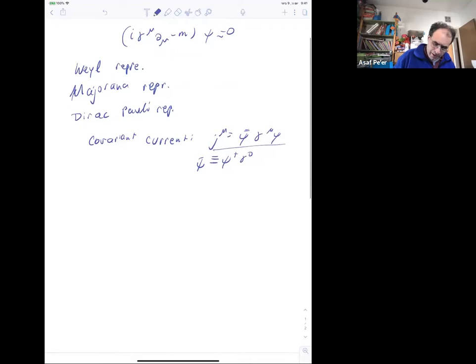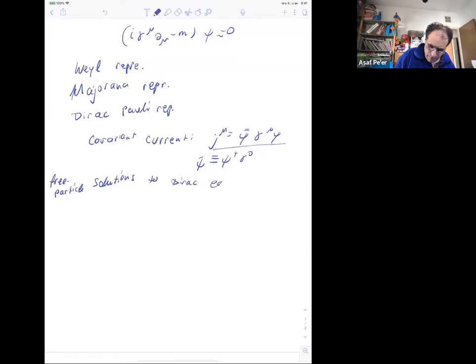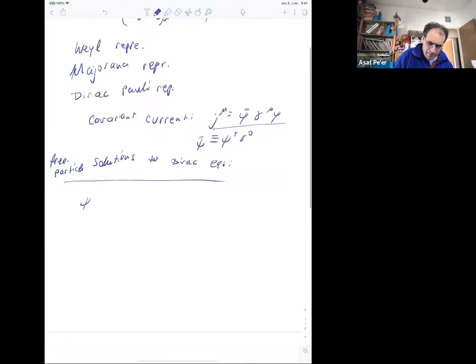Then we have talked about the solutions to Dirac equations. Plane wave solutions, so free particle solutions. We said that we can write down psi of x and t as c u of E and p, e to the minus i p mu x mu.